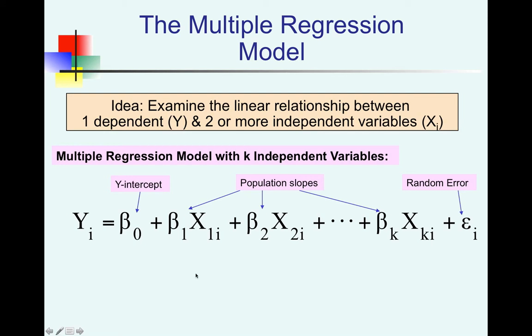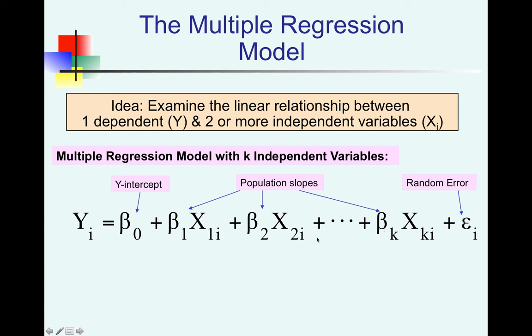What we're going to allow ourselves to do is, instead of trying to use a single explanatory or independent variable to predict the dependent variable, we're going to allow other explanatory variables to occur. And so each explanatory variable that I have is going to be multiplied by a slope, and we're just going to simply add them.